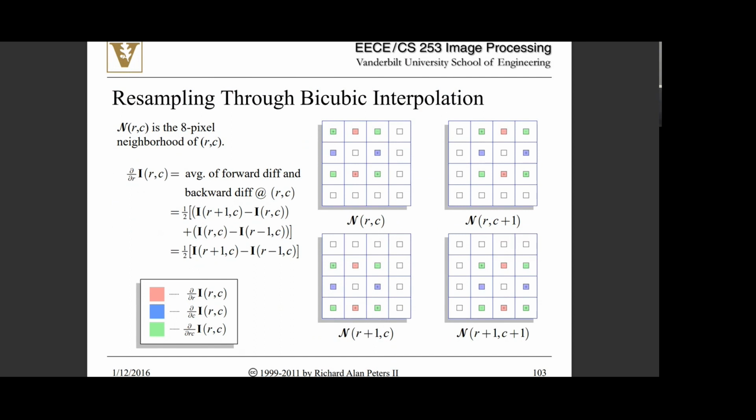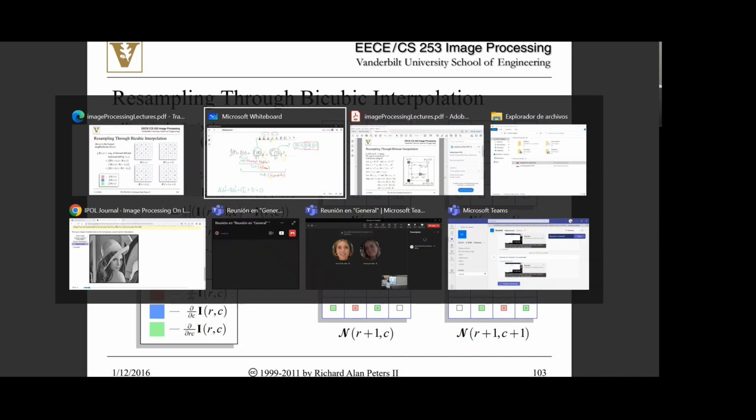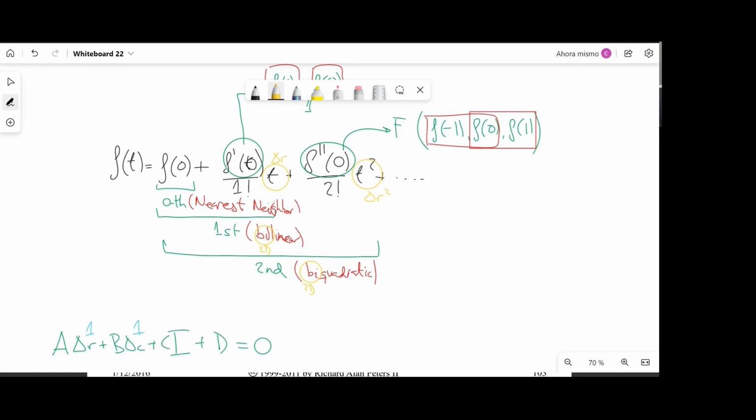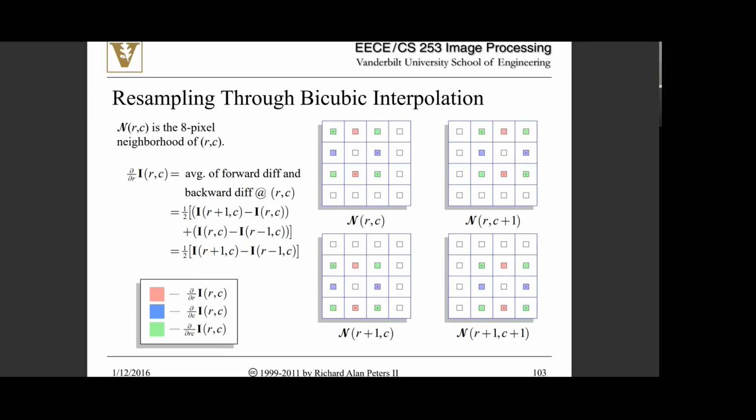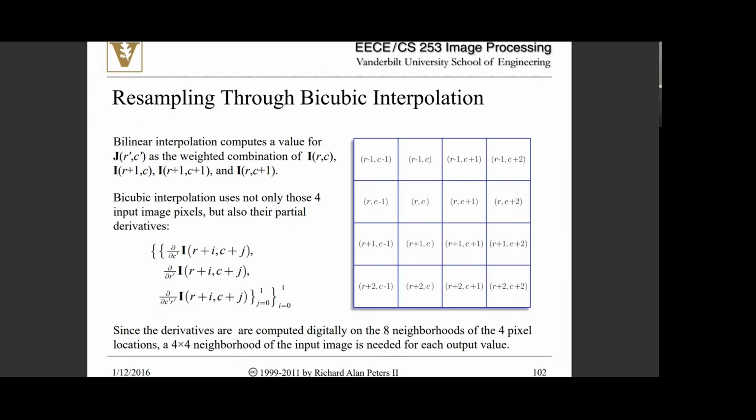And again, we will not go into the details of this one, but the idea of B-cubic interpolation, and now you understand the term B-cubic, is that in the Taylor expansion, we have even added an extra term. Okay, so we are doing interpolation of degree 3. So with these 4 times 4 values, you can go up to degree 3.